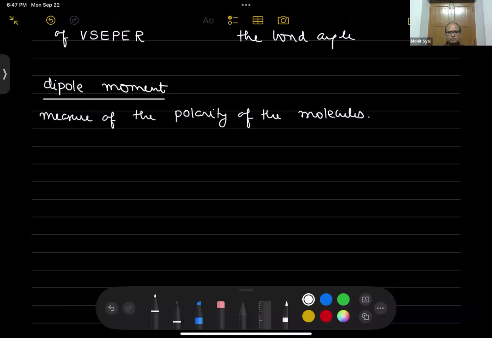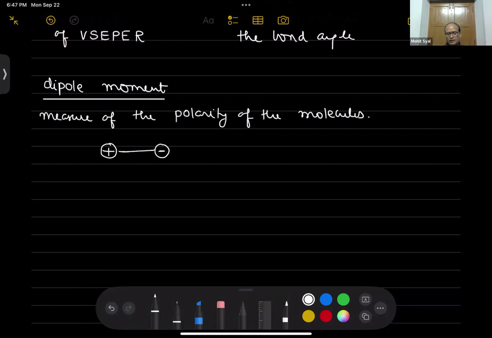So by the charges, not only by the charges, but also by the distance between them. Okay. Suppose if there is a positive charge and a negative charge separated in a molecule, we call it polar molecule.